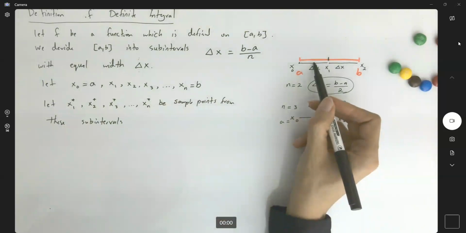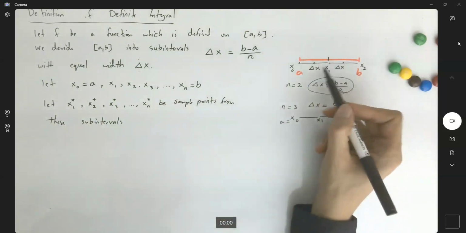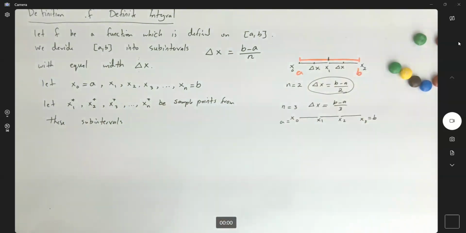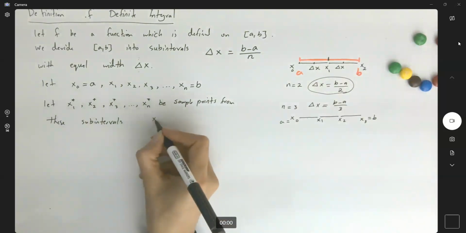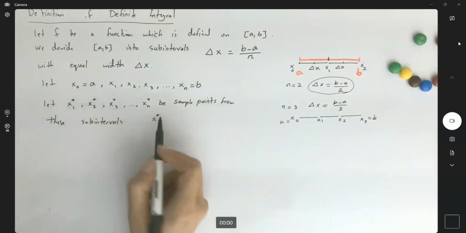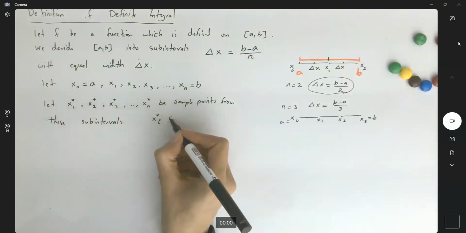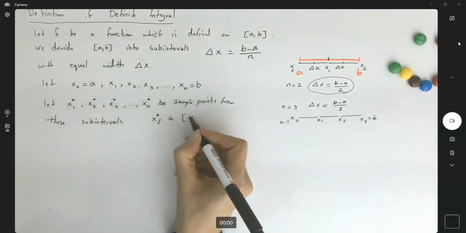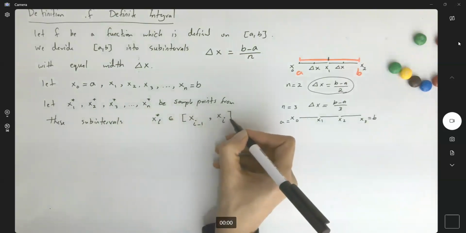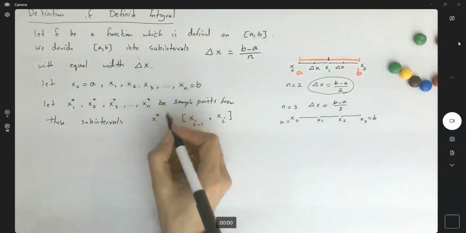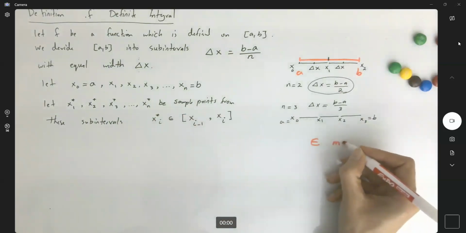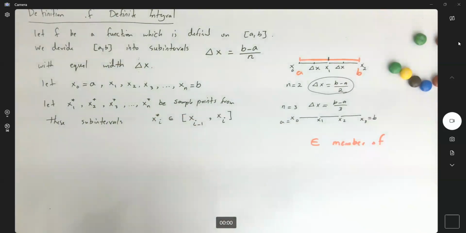So I'm taking some random points, might be the midpoints or so on, from each of these subintervals. x sub i star, which is any of these sample points, belongs to the subinterval x sub i minus 1, comma, x sub i. Very good. So this symbol is membership. This means member of.